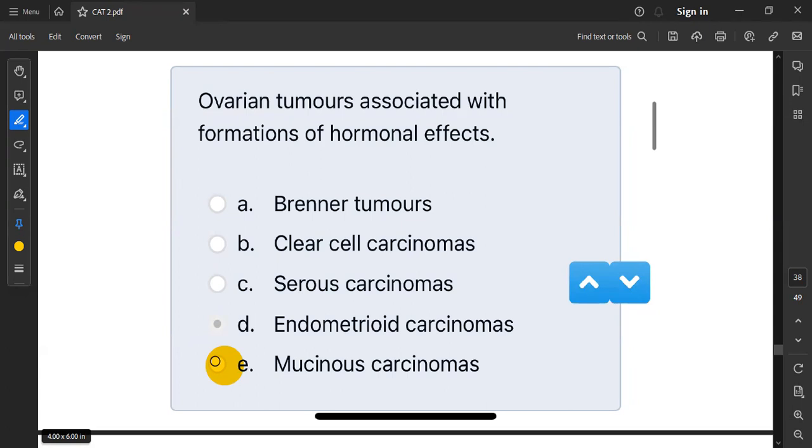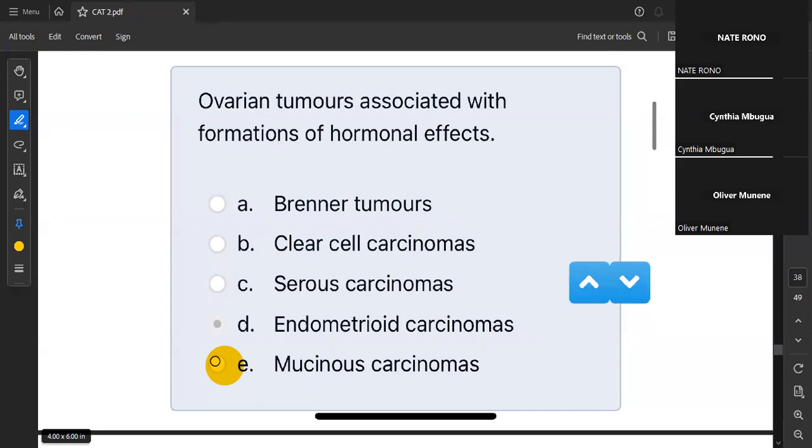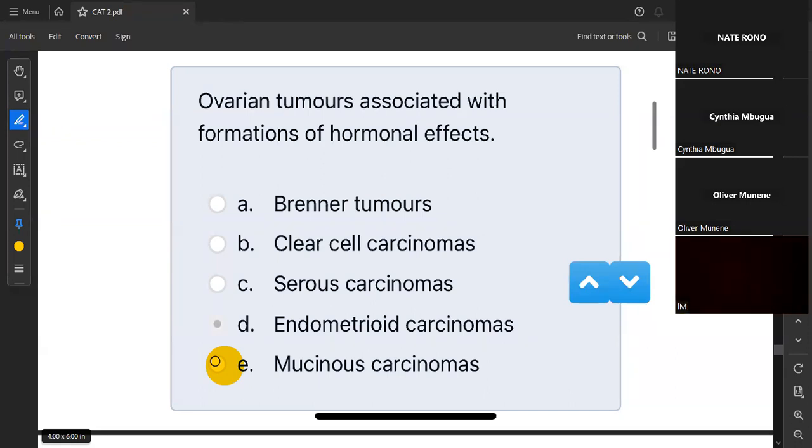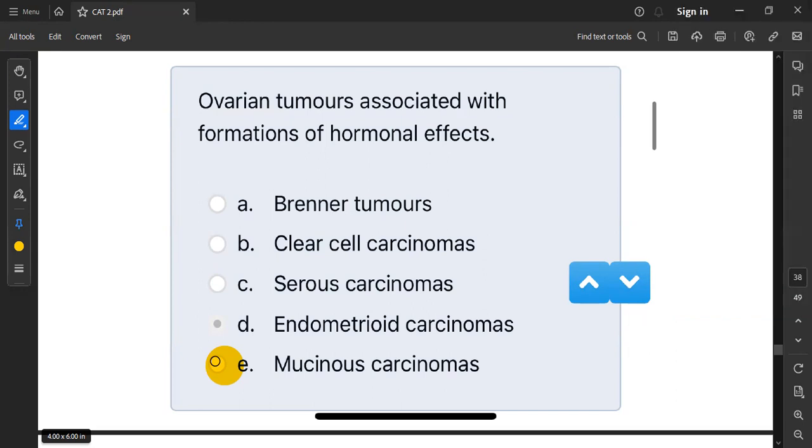Clear cell carcinomas form 5 to 10% of the epithelial tumors and are most commonly present in perimenopausal women. We also discussed the serous, the multilobulated one, with the serous material inside the cystic holes. And then we have endometrioid carcinomas.